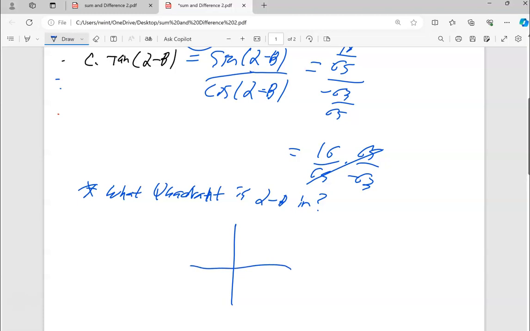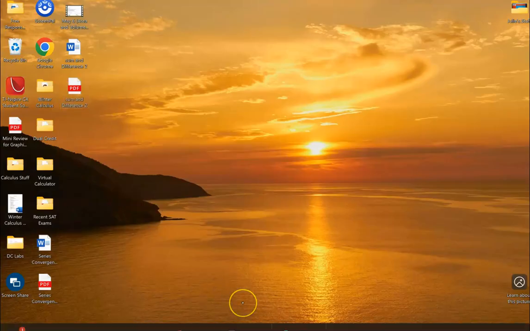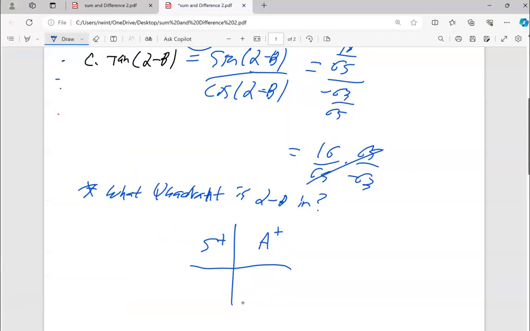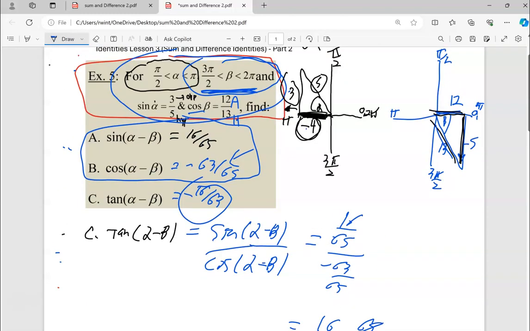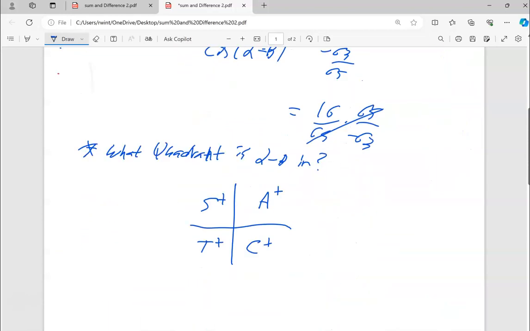A little thing I teach my pre-cal is that in quadrant 1, all of the trig functions are positive. In quadrant 2, the sine is positive, cosine and tangent are not. Quadrant 3, the tangent's positive, and then here the cosine's positive. So if I look, in part 1, I have a positive value for sine.